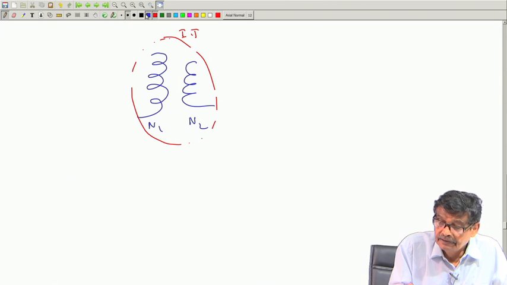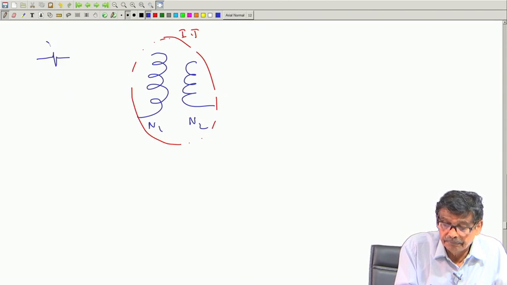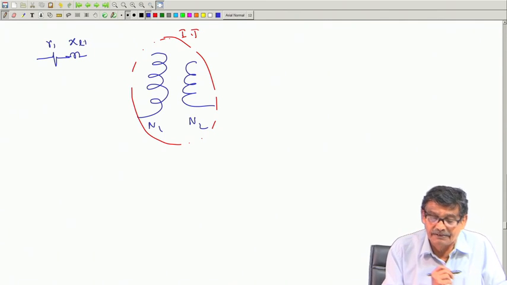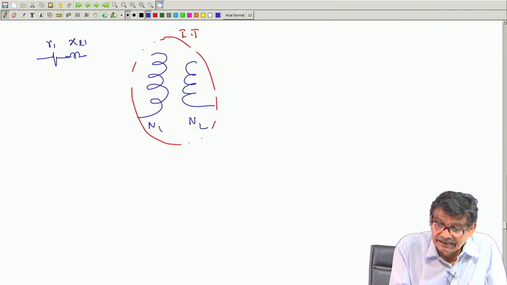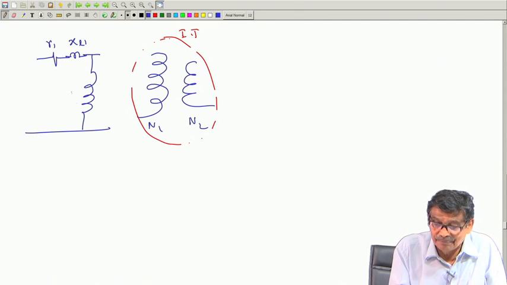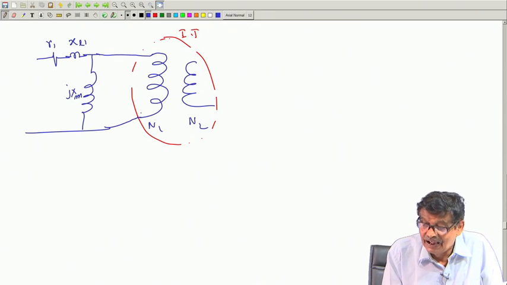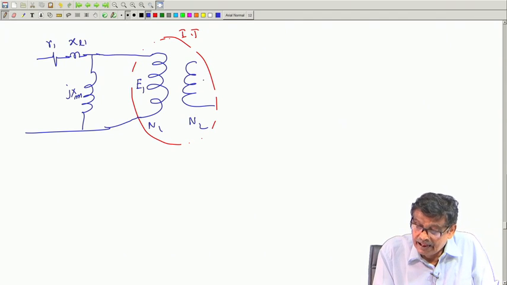And then, as we have seen, you have got R 1. Now, in series with R 1 there must be another small inductance X L 1, and then this is your j X M, and then this is your ideal transformer, this is your E 1 and this is your E 2.